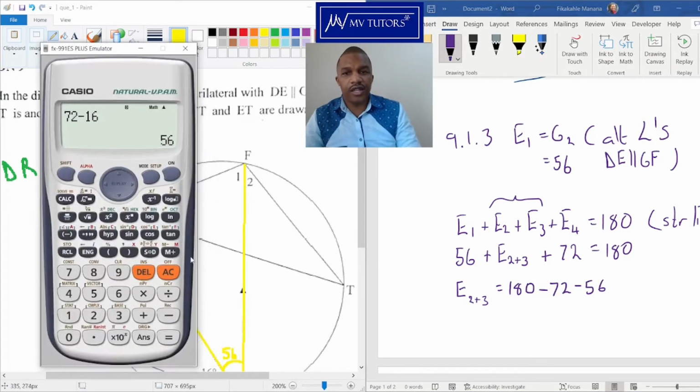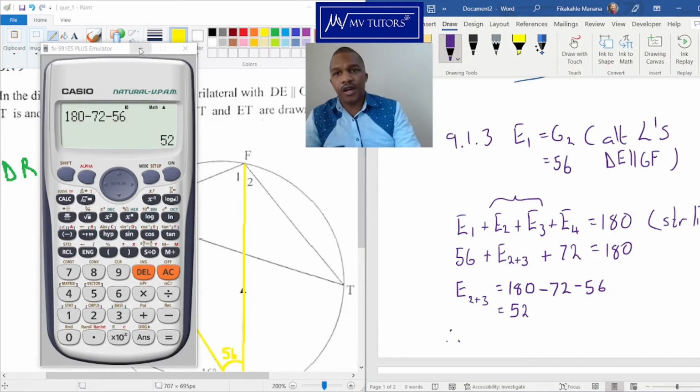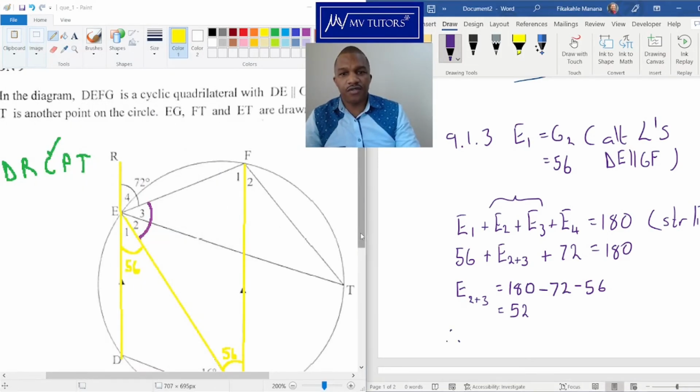Let's get our calculator. 180 minus 72 minus 56. 52 again. Oh, not again. Okay, it's the first time it's 52. Okay, so therefore, what did they ask us for?